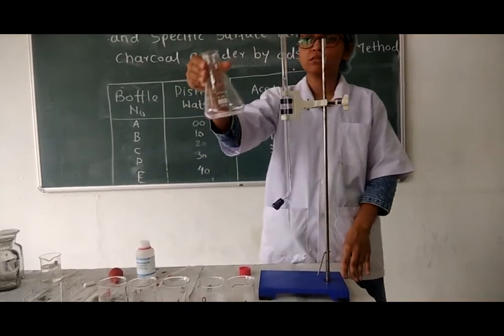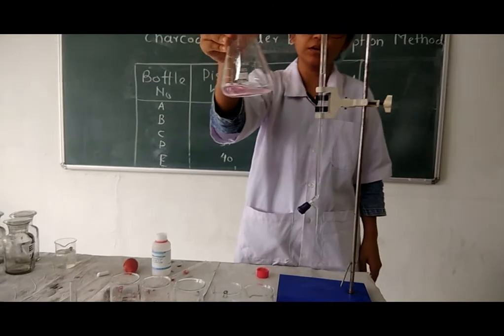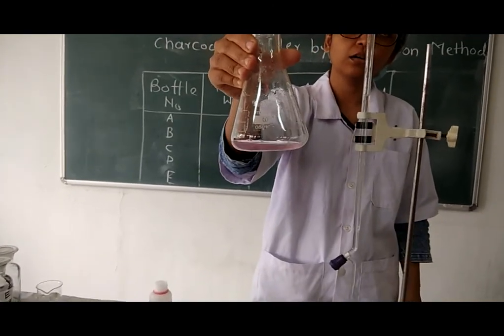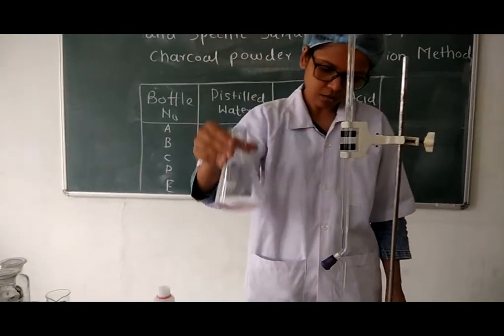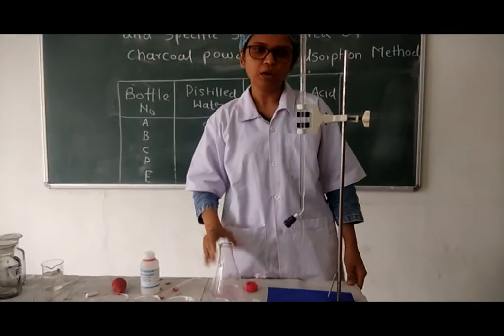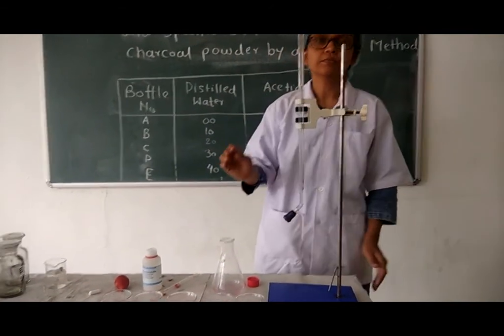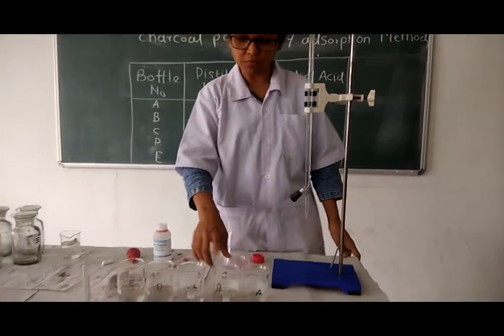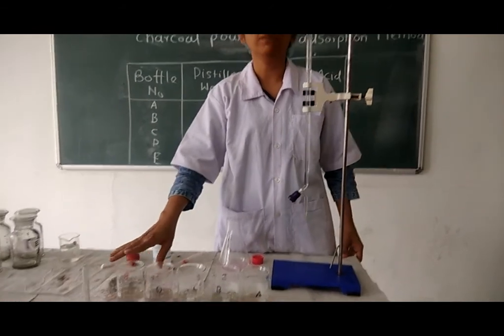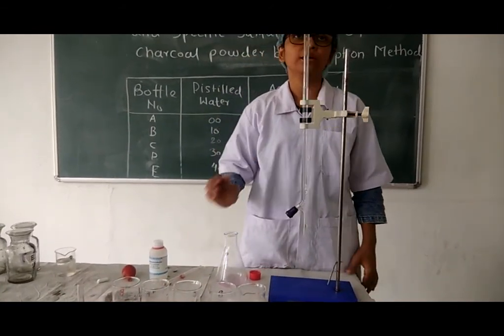If you observe this conical flask, it is converted into light pink color. Then note down the burette reading. Same procedure you have to follow for the B, C, D and E filtrate and note down the burette readings.